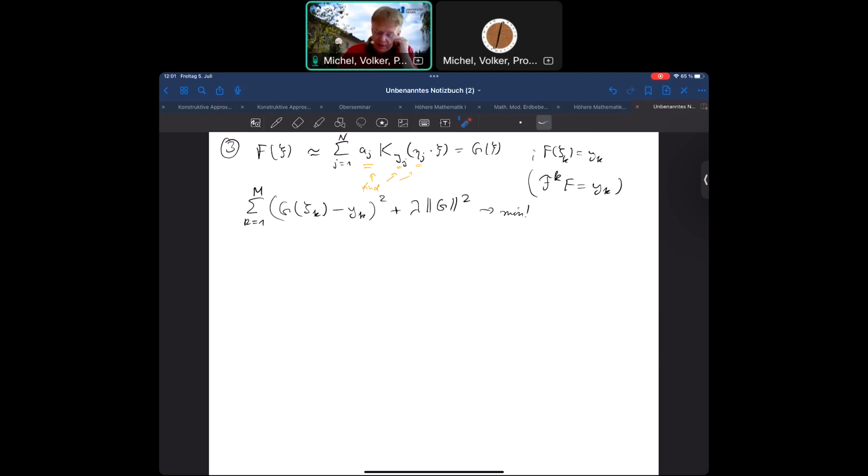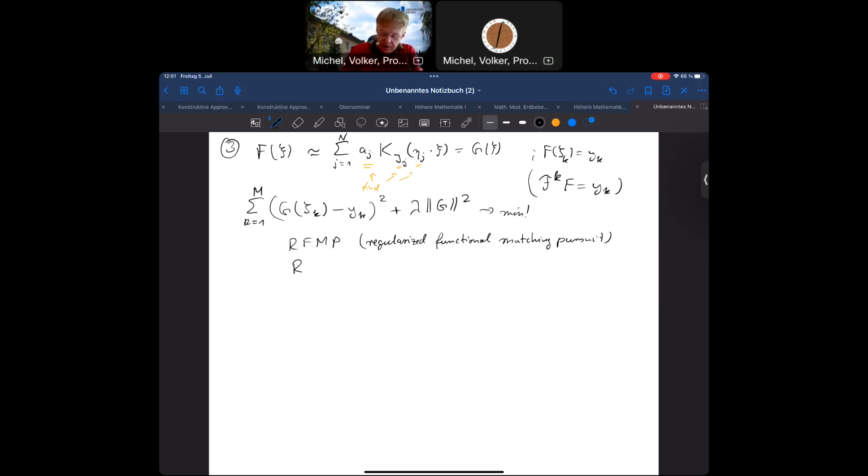So this is an algorithm which my research group, the Geomathematics group in Siegen, and myself have been developing for a number of years. And to give you some keywords, RFMP is actually the beginning. It's called regularized functional matching pursuit. And there are some adaptations, modifications to regularized orthogonal functional matching pursuit.